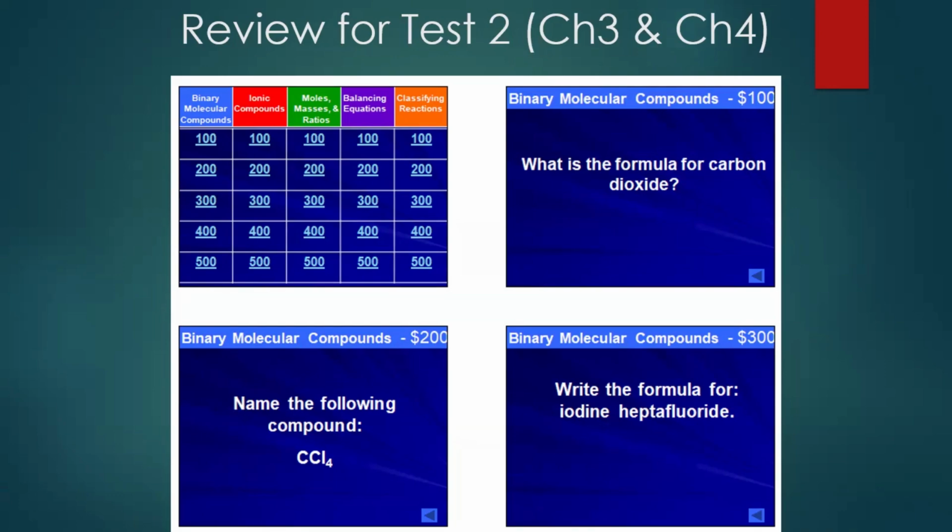I've got a Jeopardy review for chapters 3 and 4, and the next thing you'll be doing is your test 2, the second test. So this is a Jeopardy game that I've done in the past. Here are the 5 different categories, and I just took a screenshot of each of the questions.